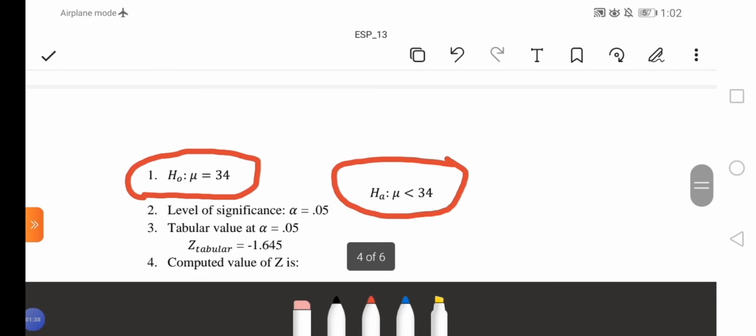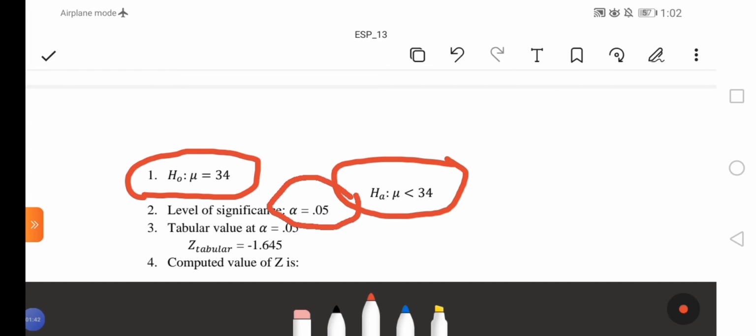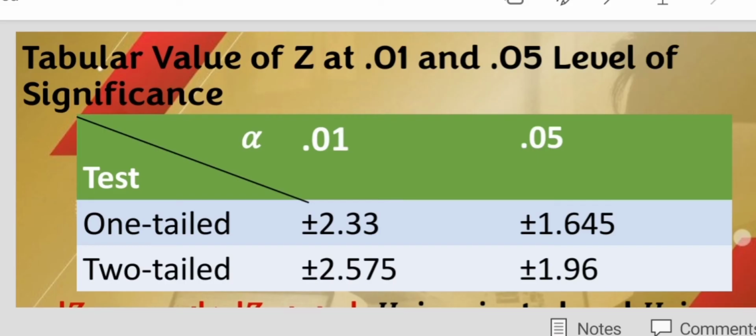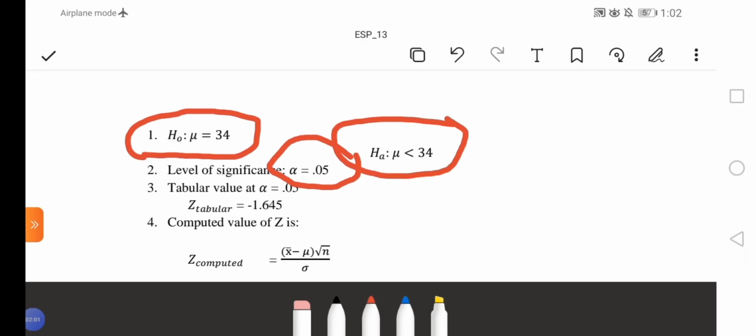And based on the problem, we have 0.05 level of significance. Then for our next step is for us to find the value of z tabular under the level of 0.05. And the value would be z tabular is equal to negative 1.645.